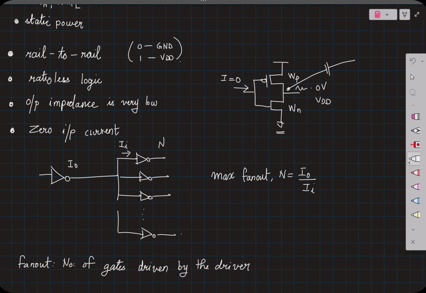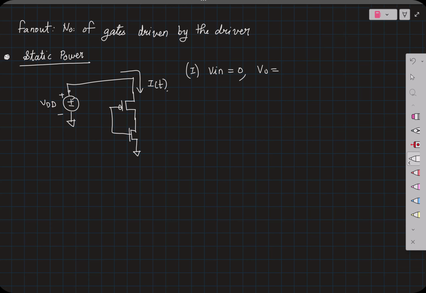So let us consider the two possible static conditions. One case is when Vin is equal to 0. Correspondingly, what is the V0? V0 is VDD. And what is the current being taken? So your Vin is now equal to 0 volt. What is the region of operation of the NMOS transistor? This is in cutoff.